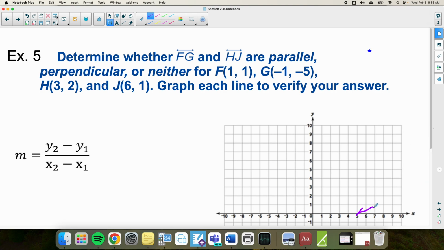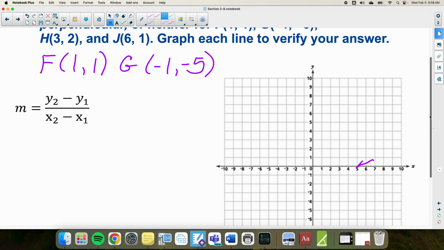Okay, so that's what you're gonna do for those questions, and now let's go here. So in this question, same thing, we're gonna do F and G. F is 1, 1, and G is negative 1, negative 5. And then we're gonna go ahead and do our formula and find the slope. And remember, you subtract your y's on the top. So it's negative 5 minus 1. And on the bottom, we subtract our x's.